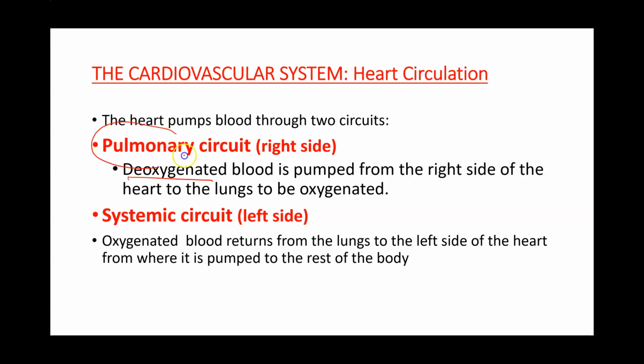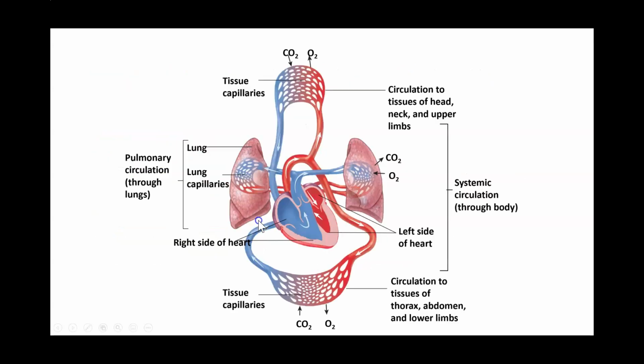So it's called the pulmonary circuit. Pulmonary means lungs. So it's pumping blood to the lungs to be oxygenated. The left side is receiving the oxygenated blood from the lungs and is going to pump it to the rest of the body to oxygenate the rest of the body. Okay, so the left side is involved in what's called the systemic circuit. And you need to keep those two circuits straight.